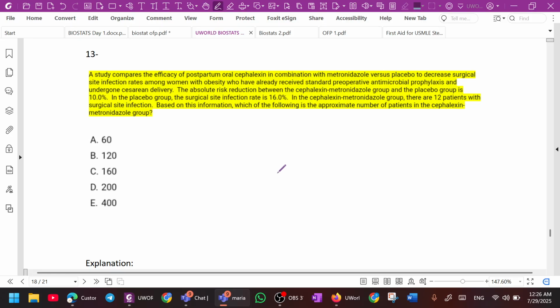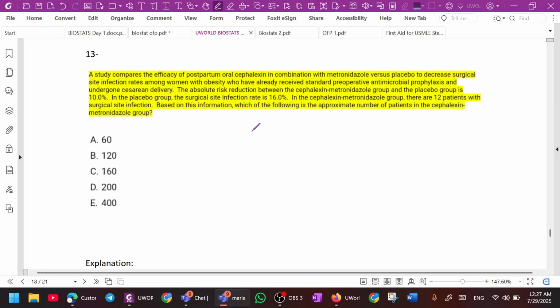Wait, why? One is 10, the other one is 6. How is the difference 6? Like 16 minus 10 equals 6%. Placebo is 6, control is 16, and the metronidazole group is 10%. So there is a 6% difference, isn't it?